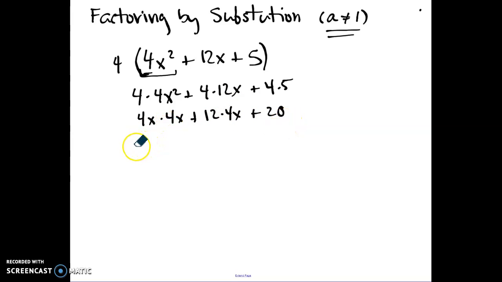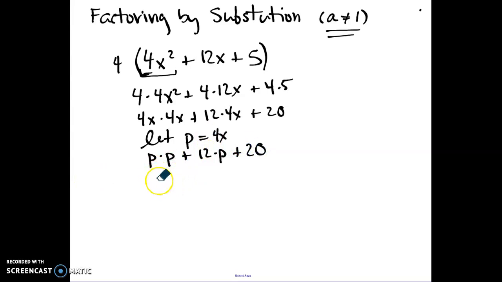To make it even more obvious, I am going to let p replace 4x everywhere in here. So then I could rewrite that whole problem as p times p plus 12 times p plus 20, which of course you would more frequently see as p squared plus 12p plus 20.